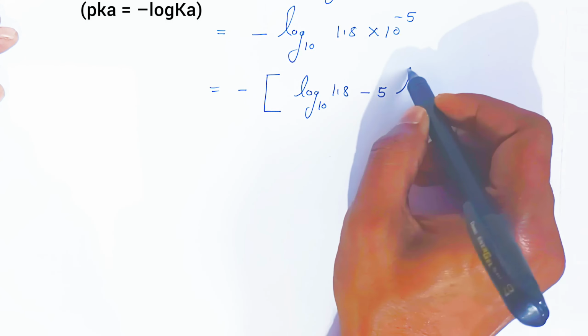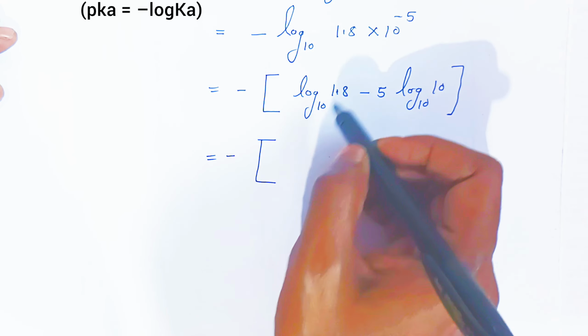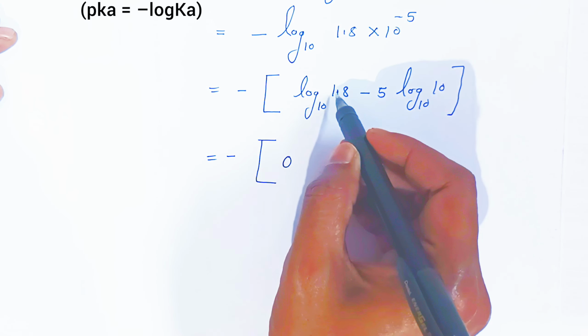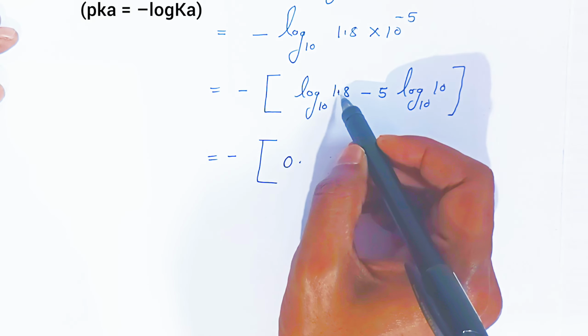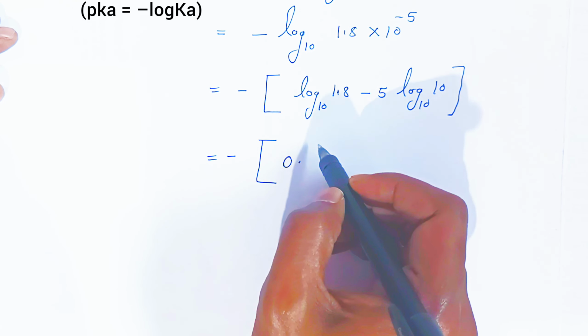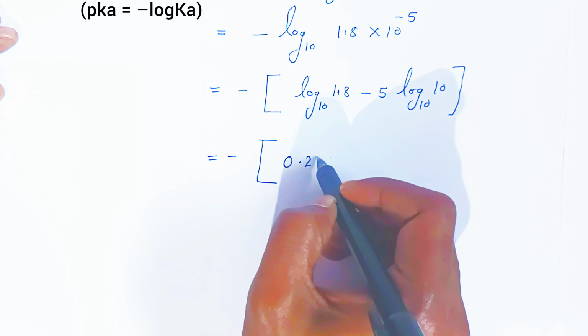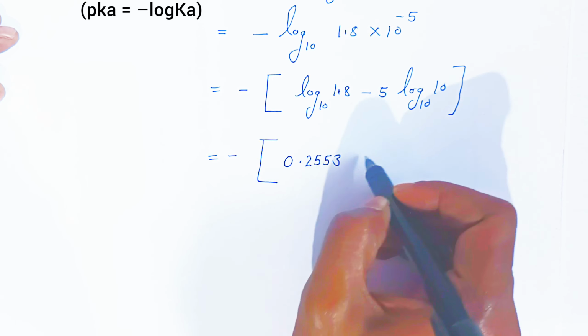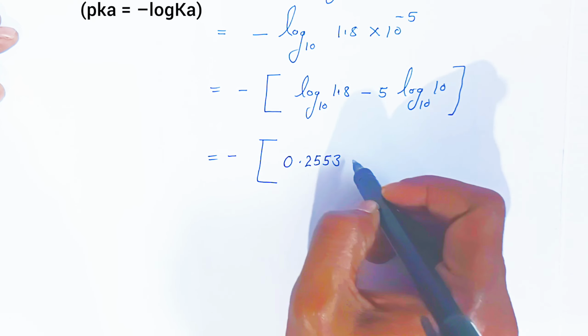Now this is the log of 1.8. Before the decimal there is only one digit, so the characteristic will be 0, that is 1 minus 1. When you go to the log table, 18 in the 0 column, the value is 0.2553. This is minus 5.